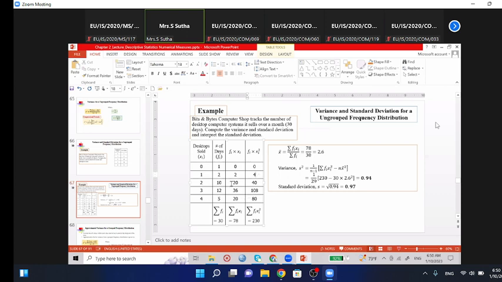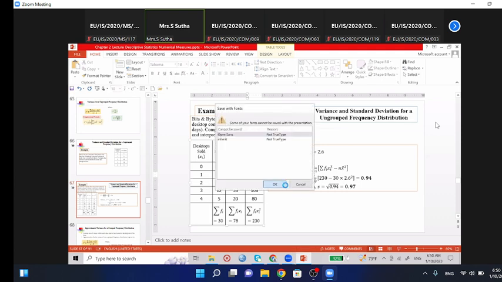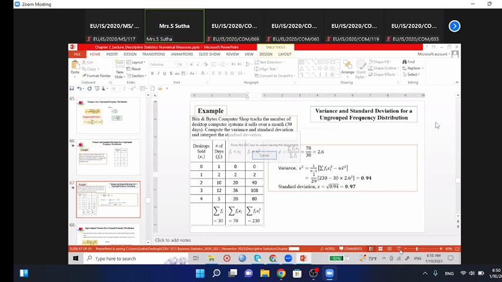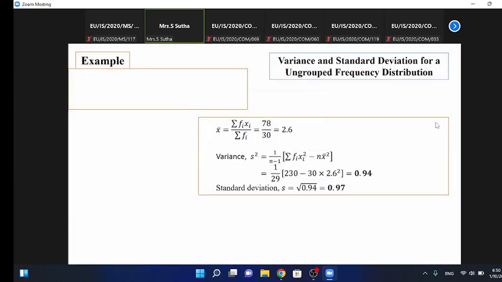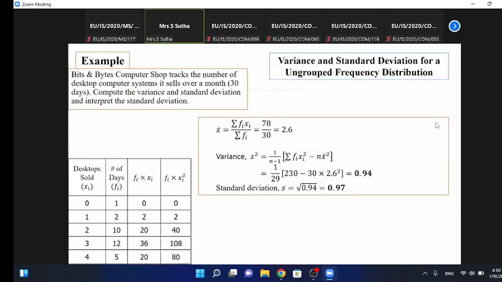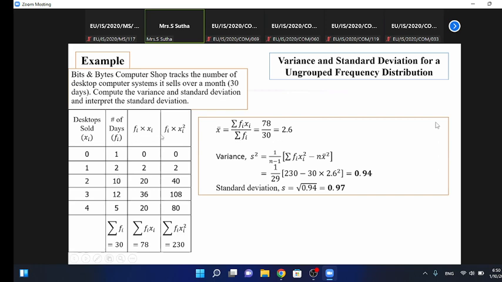Then 20 into, sorry, that is correct. Right. fi into xi, then fi into xi squared.